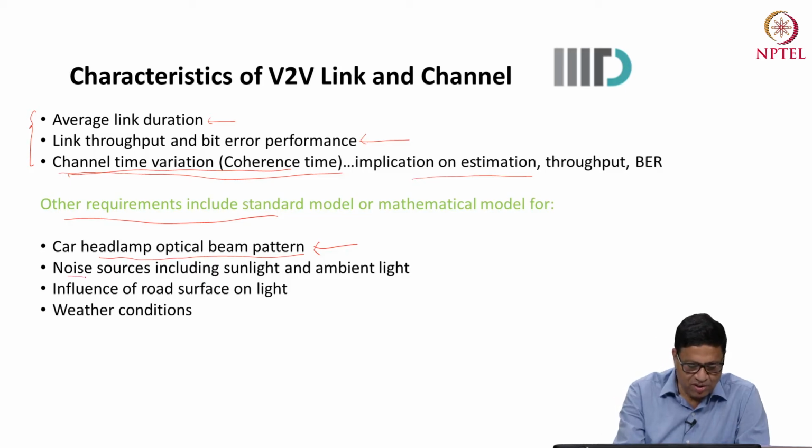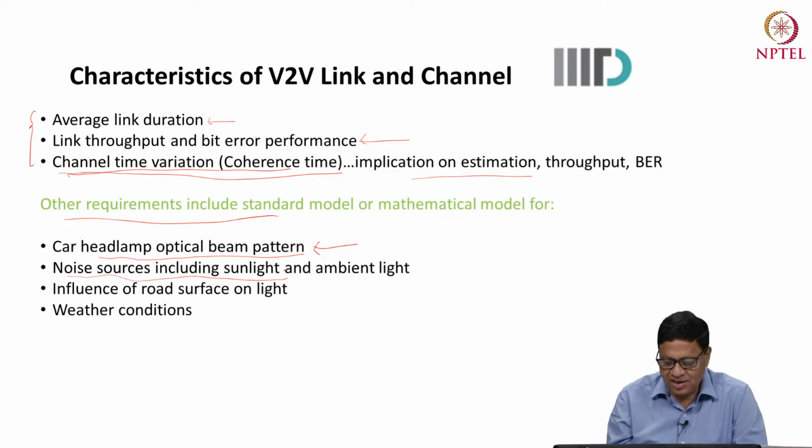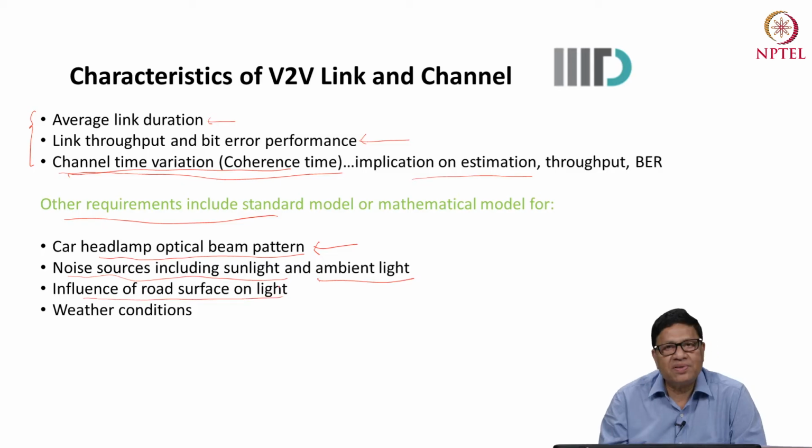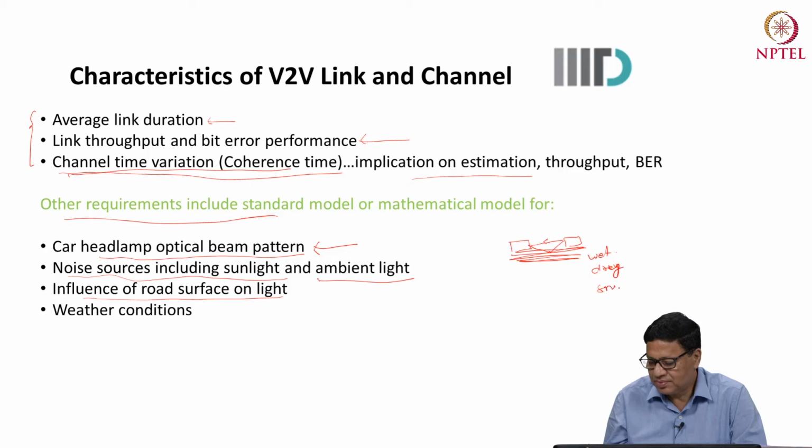And then we need to model the noise sources, which come from sunlight or ambient light. We also need to model the road surface, because if the road is wet, and these are the two cars, for example, and this is the road, how much light gets reflected from here and reaches here? There is line of sight anyway, but there is a component which comes from the road also. If the road is dry or if there is snow, the light behaves differently in different road conditions.